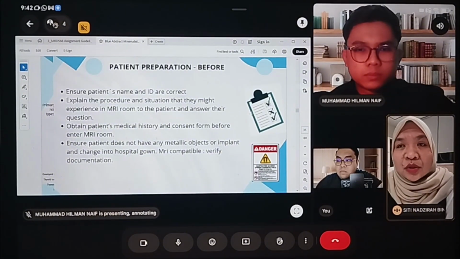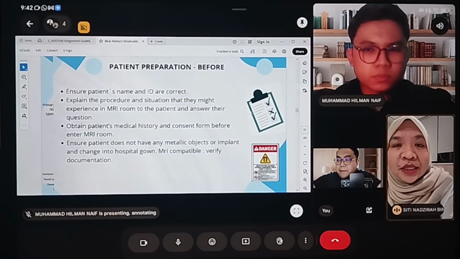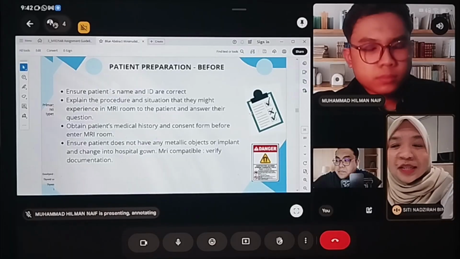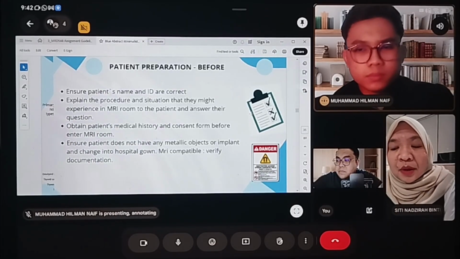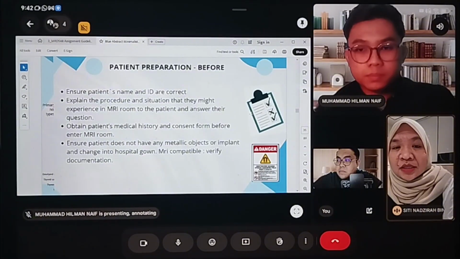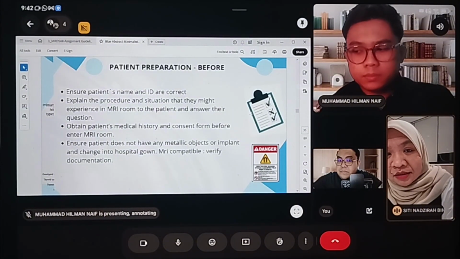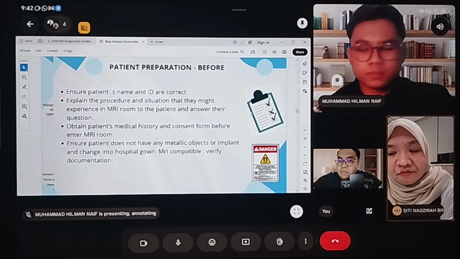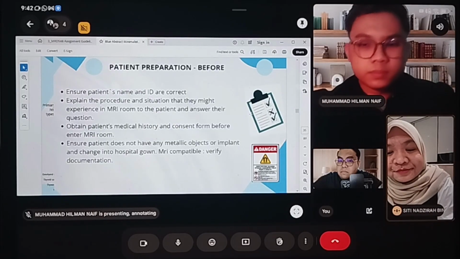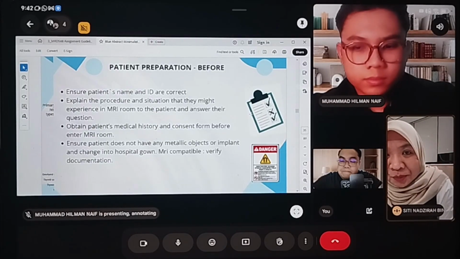So I will put the information on the slides. Commonly also about claustrophobic patients and contraindications, that I will explain and put on my slide. So I think my slide is complete now.